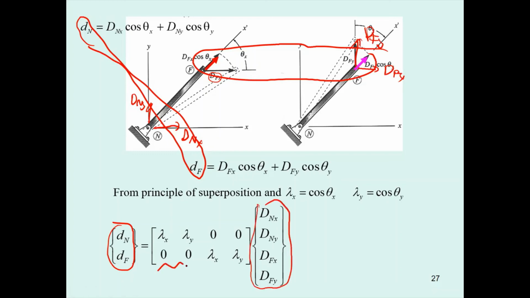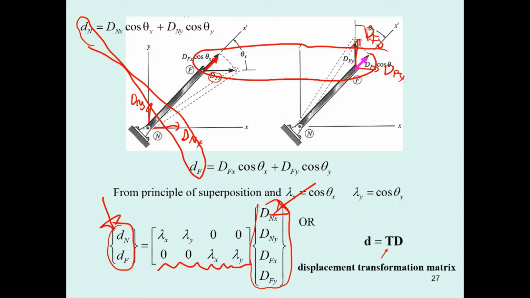And we call this one the transformation matrix. It transforms the displacement in the local coordinate into the displacement in the global coordinate. So this is called the displacement transformation matrix.